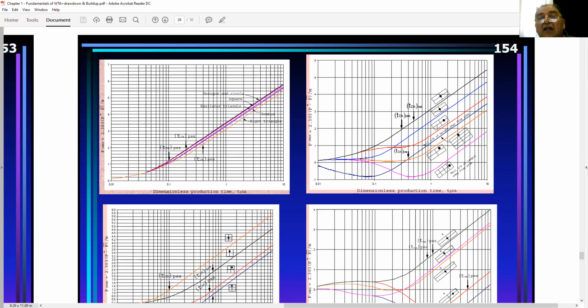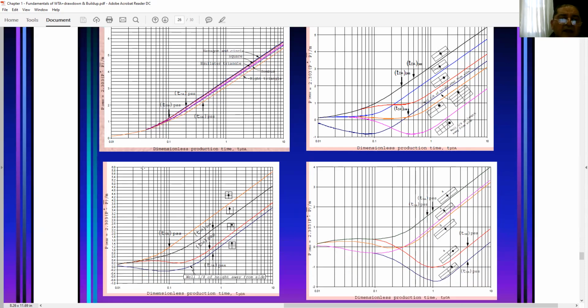This is rectangular with the well located close to or in one of the halves. It's not centrally located. So it depends on your reservoir configuration and the location of the wellbore. Then you have to use the correct plot here.